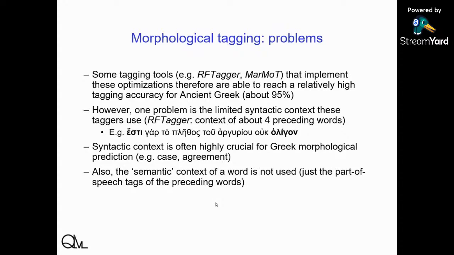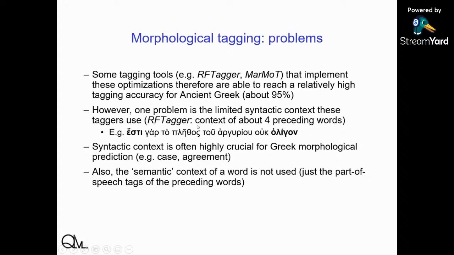So there are some tagging tools that implement these optimizations that I just talked about for ancient Greek or for inflectional languages in general, and they are able to reach a relatively respectable tagging accuracy. However, they certainly cannot predict everything correctly.